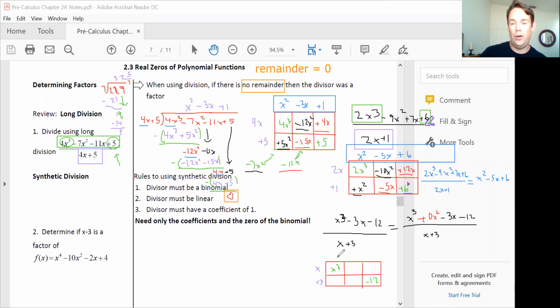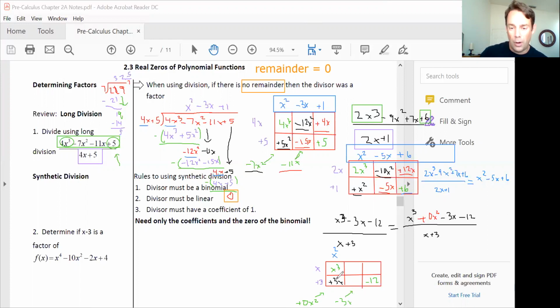So I need an x squared. And then what do I have here? I have a positive 3x squared. And if you notice, I need this row again to be a positive 0x squared. That's where that placeholder comes into play. And I need this one right here to be a negative 3x.